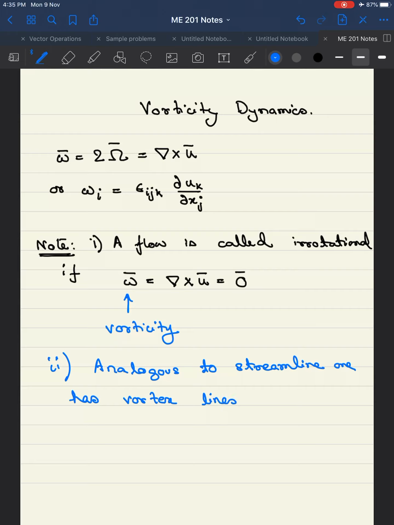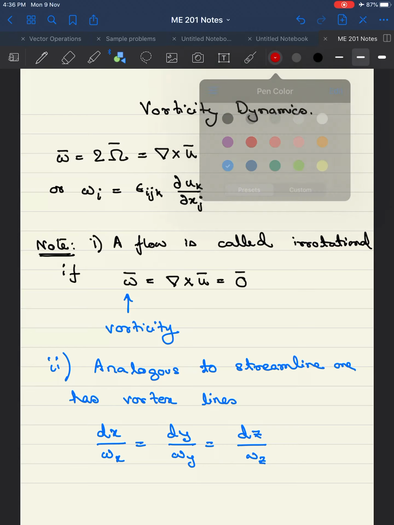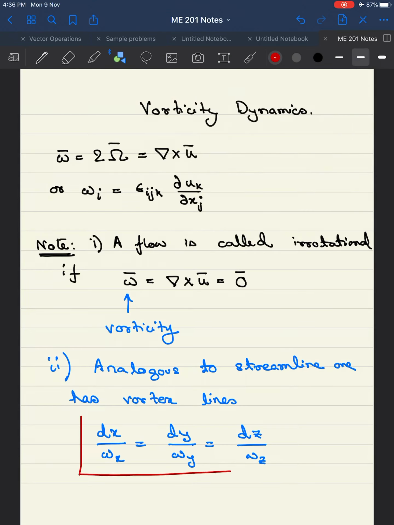The vortex line you define exactly analogously to the streamline, and the defining equation for a vortex line becomes this. One can work this out yourself, but the idea is the same and the derivation is exactly the same as for a streamline, because we are trying to develop the idea of vorticity analogously to the idea of the velocity.